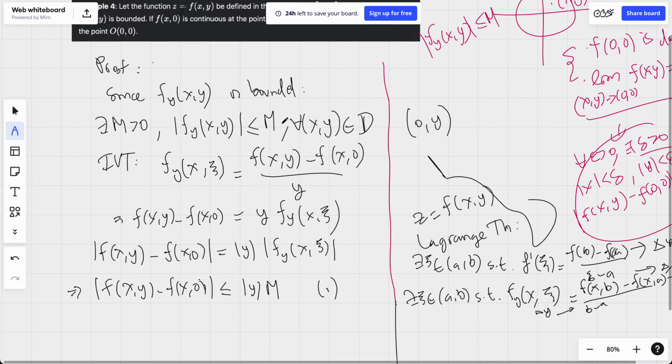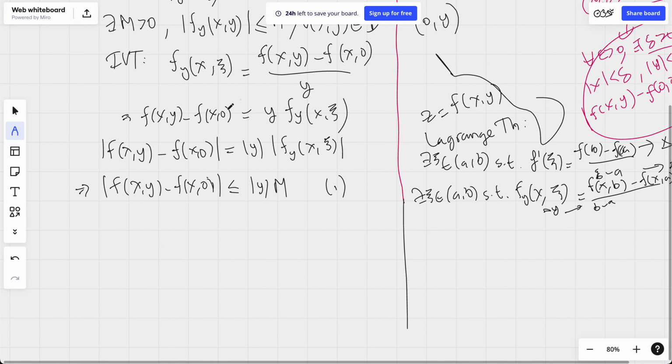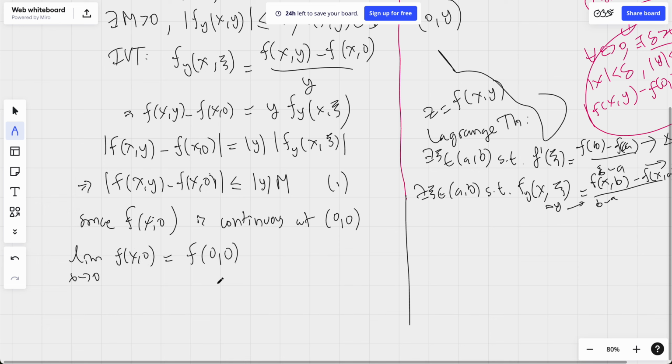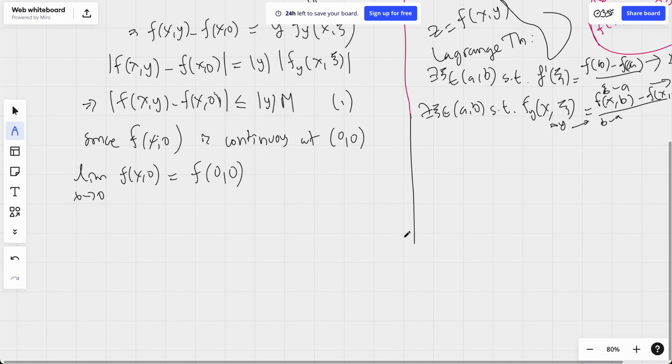So since f(x, 0) is continuous at (0, 0), that means that the limit as x approaches 0 of f(x, 0) has to be equal to f(0, 0). And what does that mean?